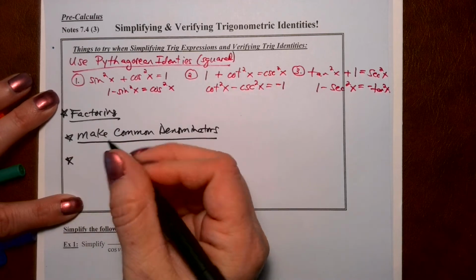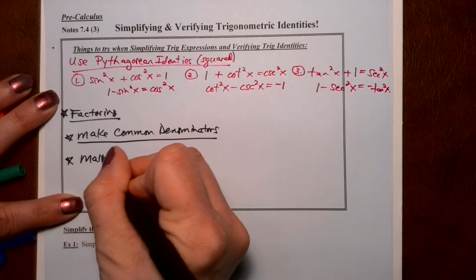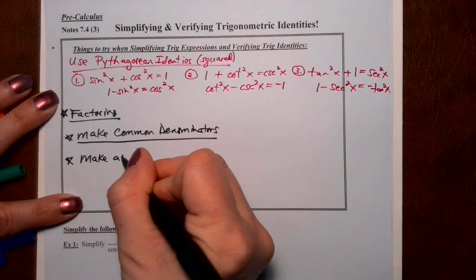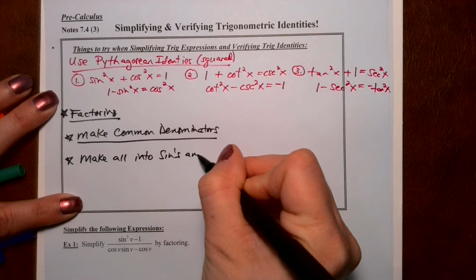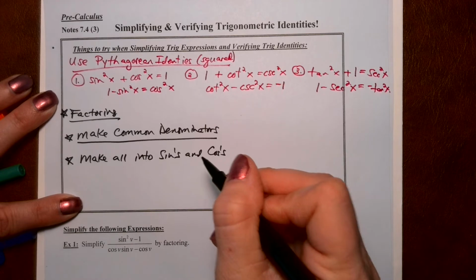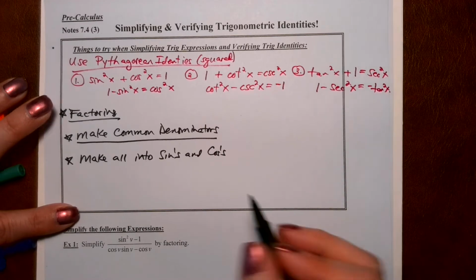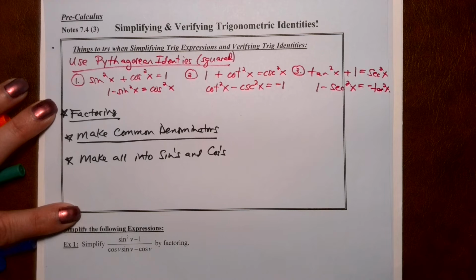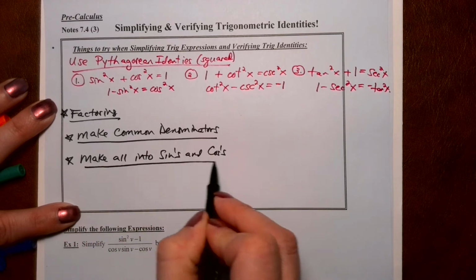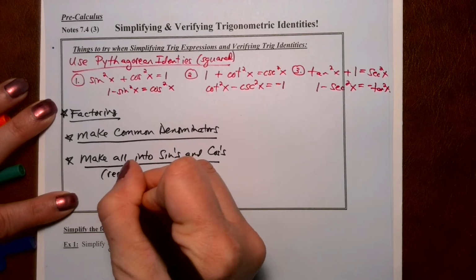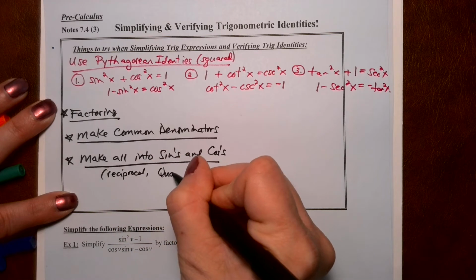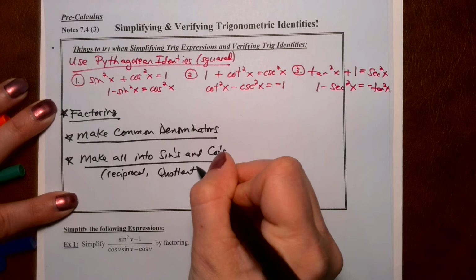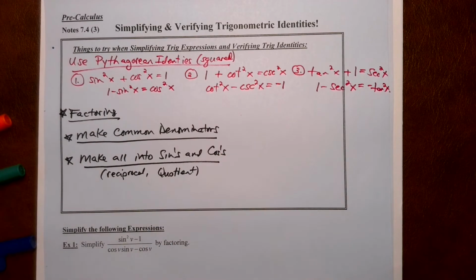Something that we started this chapter off with was making all of the terms into sines and cosines. Then at least they'll all match. So you can change all the terms into something else, and then you might be able to use some of the reciprocal identities or some of the quotient identities. But those aren't squared.